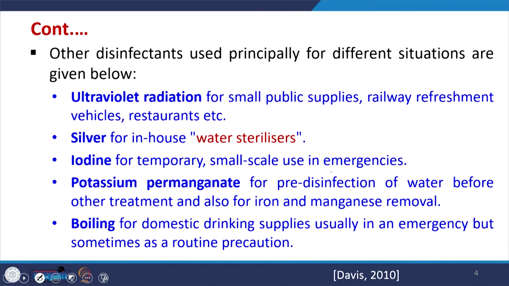Going further, other disinfectants which are used for different situations, in various conditions, they are given here. So, ultraviolet radiation already we have discussed. So, they may be used for public supplies, railway refreshment vehicles and restaurants, etc. And with COVID, the use of ultraviolet radiation for virus removal, its usage has increased way beyond the water also.